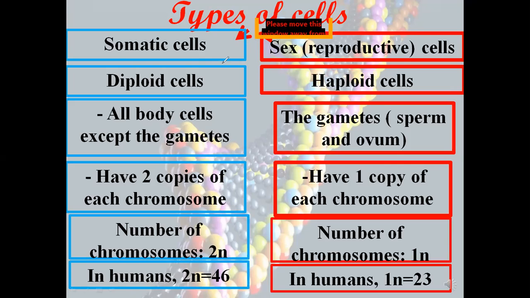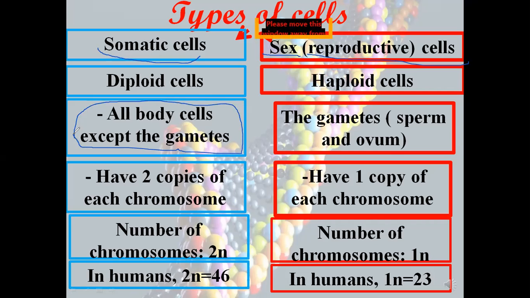What are somatic cells? Somatic cells are all the body cells except the gametes. What are the gametes? The sperm and the ovum.